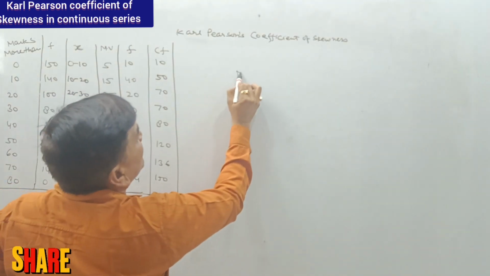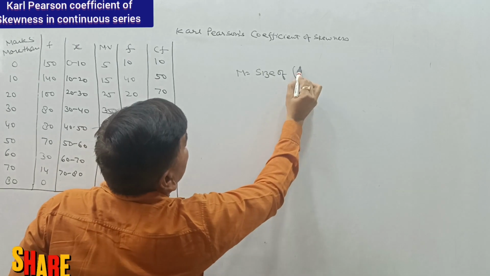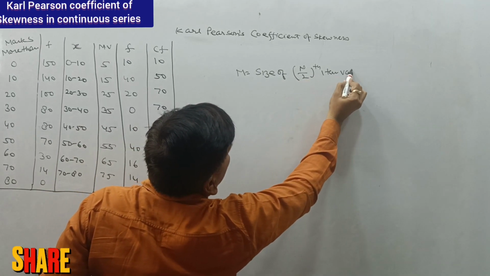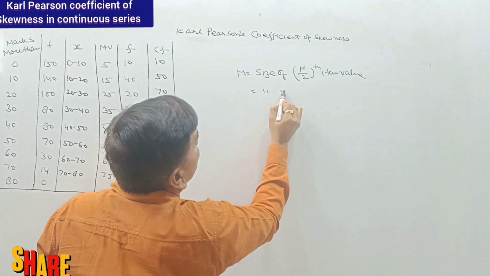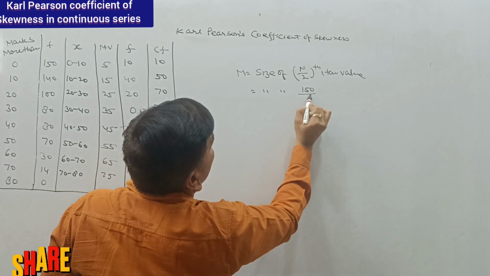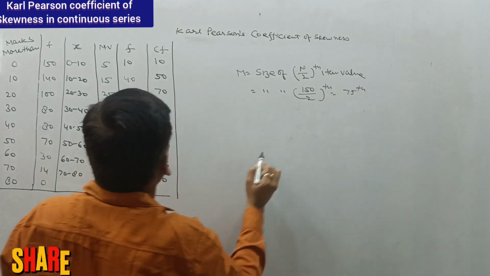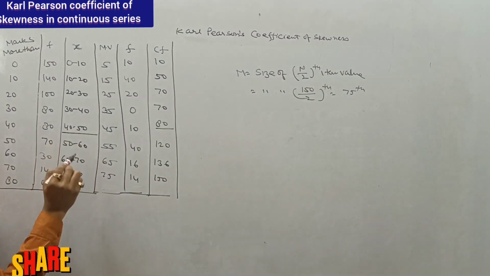So the median value is the size of the n by 2th item. That is the size of 150 by 2th item, that is the 75th item. The very first 75th coming here, so the median group is 40 to 50.